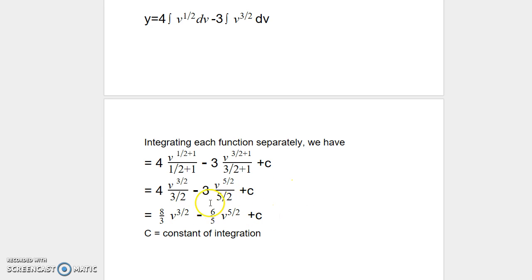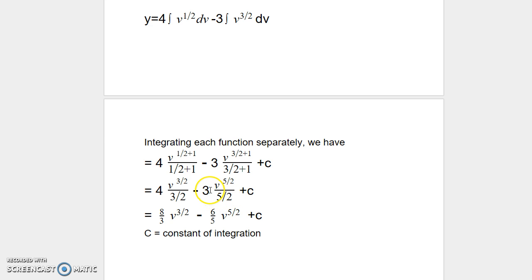When we simplify it some more, we have 4 as a constant term. When we have 3 over 2 in the denominator, bringing it to the side of the term translates to 2 over 3. So 4 times 2 is 8 over 3, and that is this term here, times v to the power of 3 over 2, minus 3 times, the term in the denominator we have is 5 over 2.